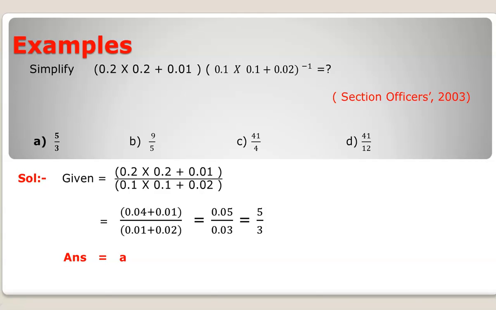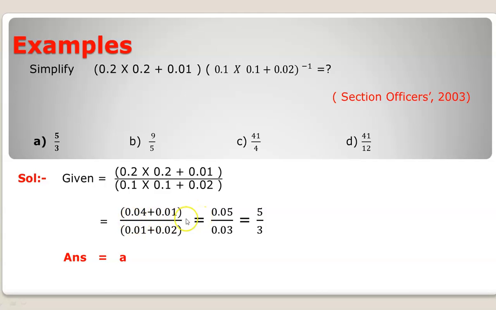In the previous lecture we learned the laws of indices: a to the power minus n can be written as 1 upon a raised to n. That's why this inverse term can be written in the denominator: 0.1 into 0.1 plus 0.02. In the next step, 0.2 into 0.2 is 0.04, plus 0.01, divided by 0.01 plus 0.02.